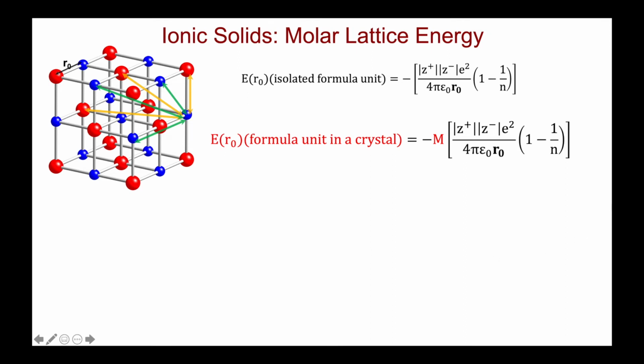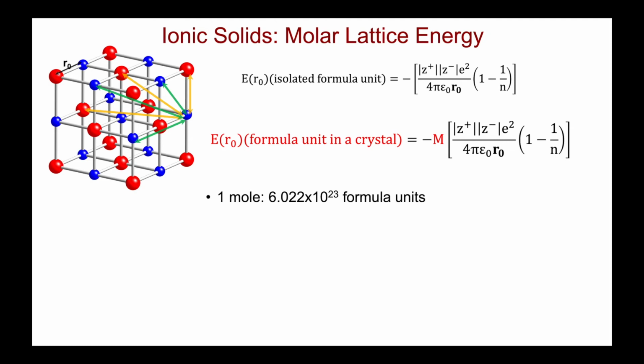For those neutral atom systems, we took the energy of the isolated formula unit and multiplied it by their nearest neighbor coordination number and divided that by 2 so we didn't double count bonds to get the molar energy. Here we don't, because we have to consider longer range interactions. And so we take the geometric sum of those and multiply that by the energy of that formula unit.